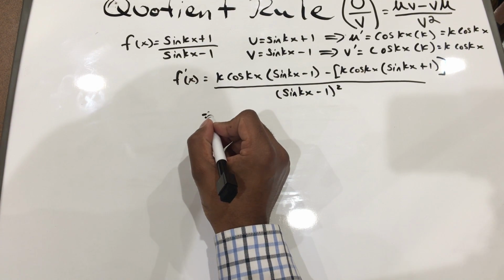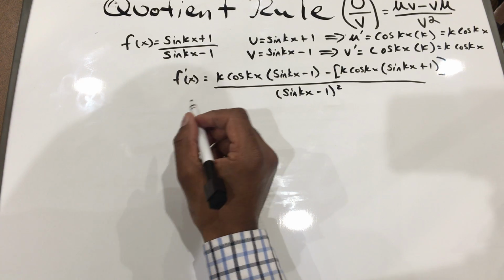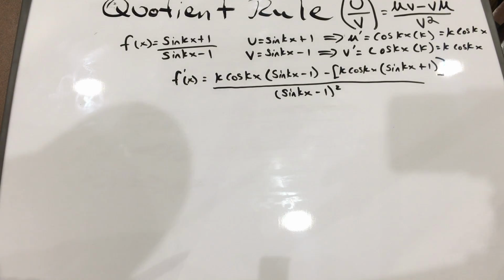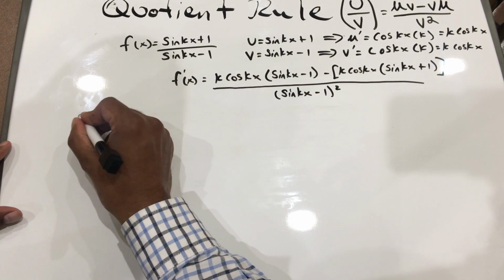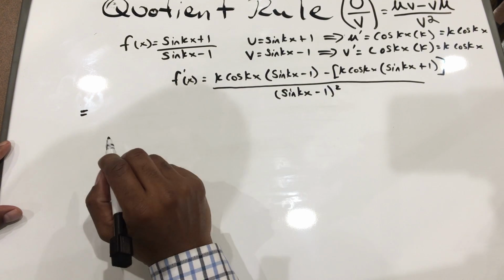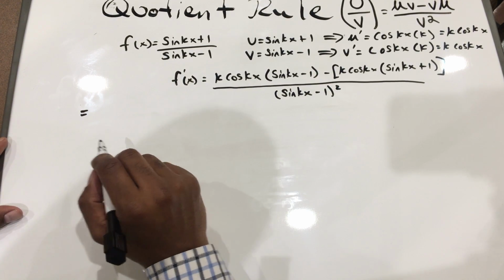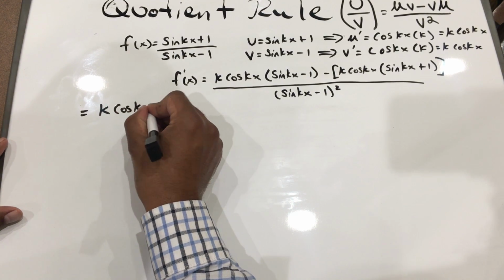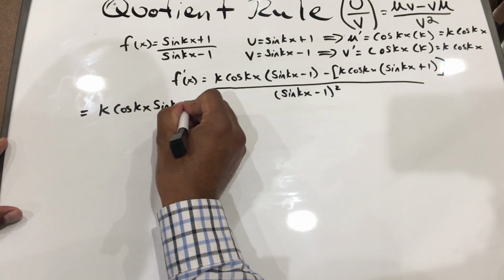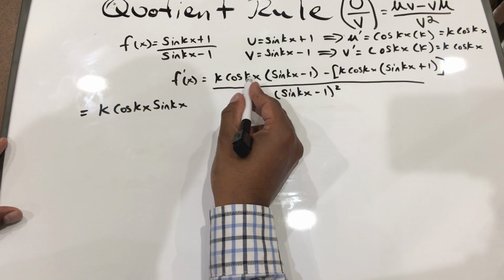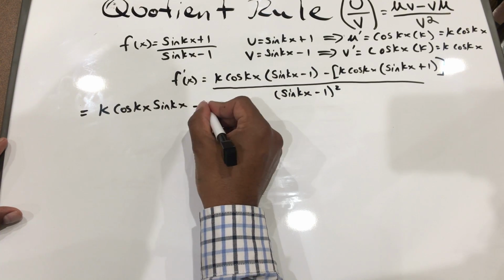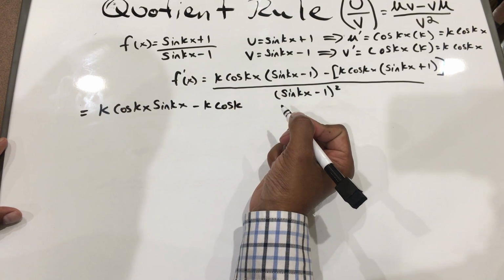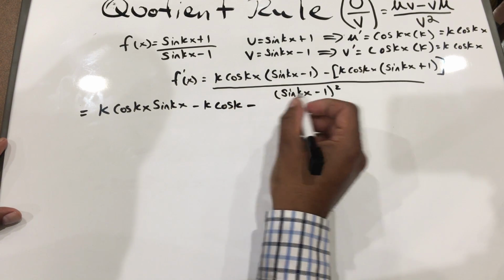Now for this problem, we're going to need a little bit more space. So I'm going to move the equal sign over a little bit, and we're going to start our problem over here. So k cosine kx times sine of kx would end up being k cosine kx sine of kx. And k cosine kx times minus 1 would be minus k cosine kx, minus.